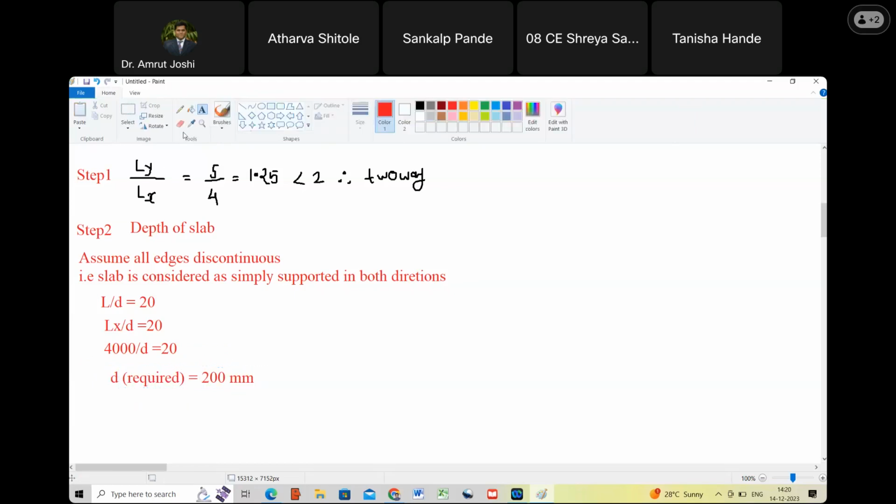Now let me draw the cross section of this slab. So if I draw it in this direction like this, and you are going to have reinforcement in this direction as well.